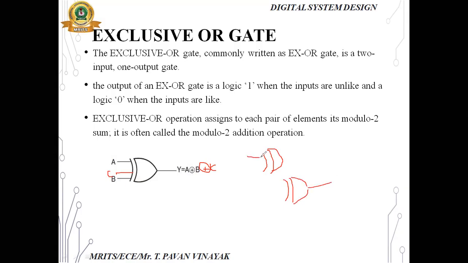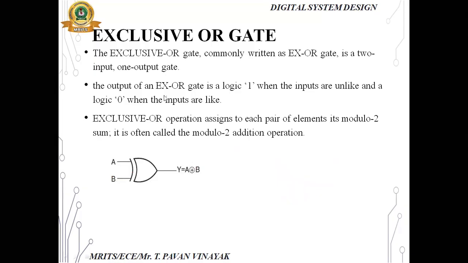Here A and B, and the output of the first XOR is given to the second XOR input along with C. Then output will be A XOR B XOR C. Okay, like this we can implement.